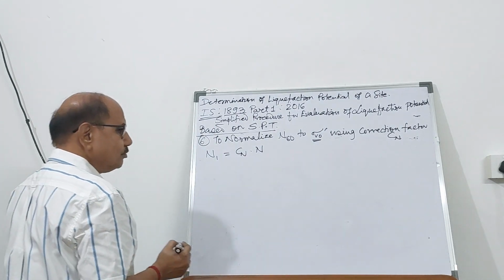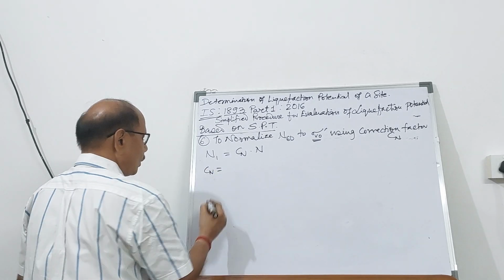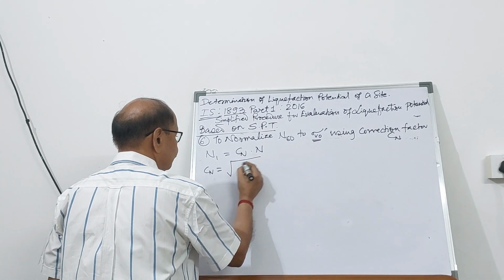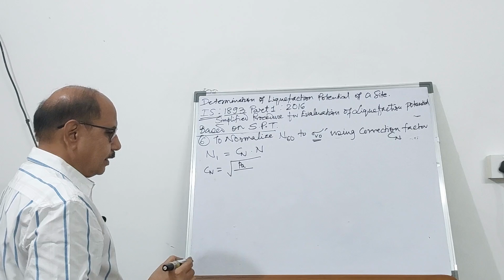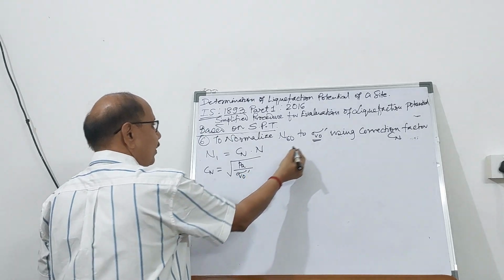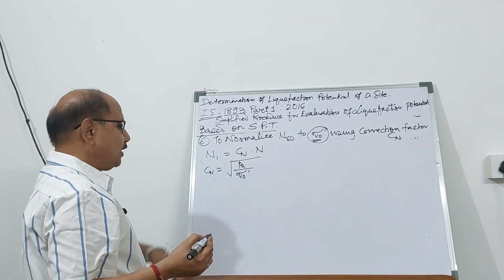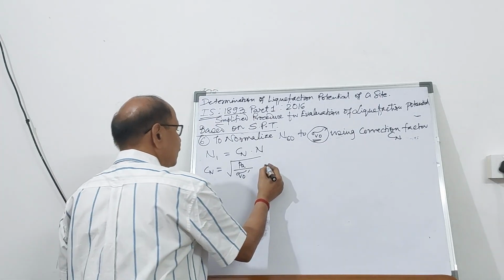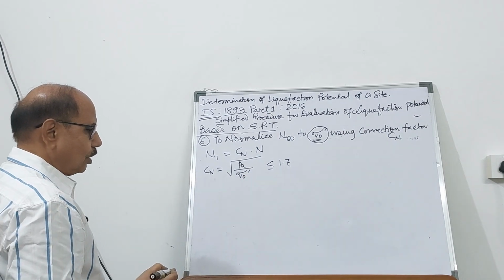It's a simple expression given in the code, that Cn equal to, the simplest expression, under root Pa divided by sigma V naught prime, and Pa is the atmospheric pressure. So Cn can be found out, should be less than or equal to 1.7. That's the limiting value of Cn.